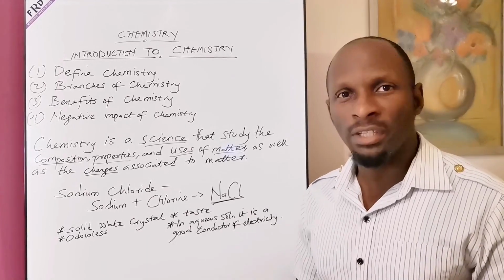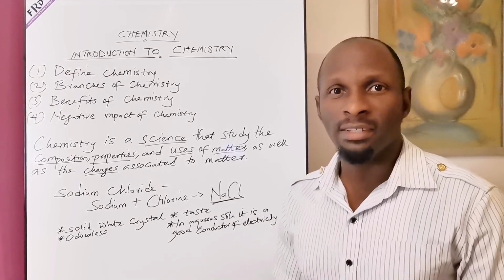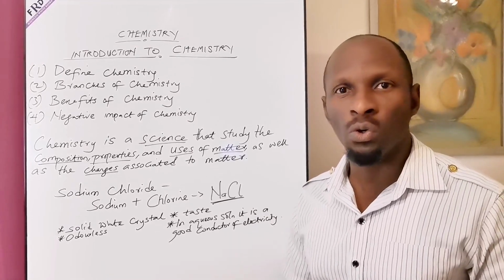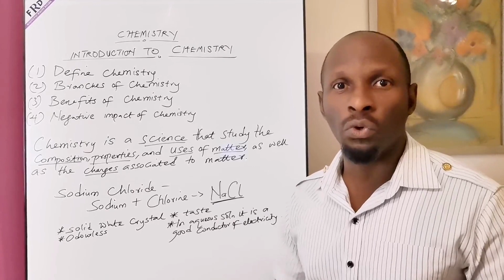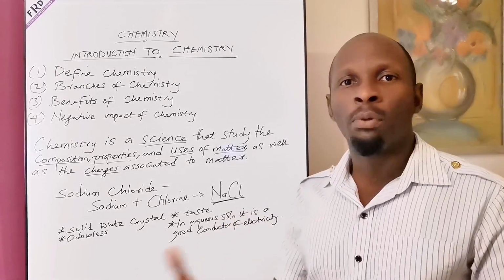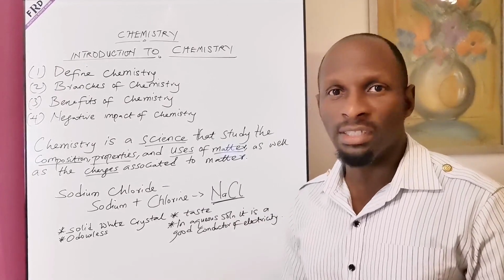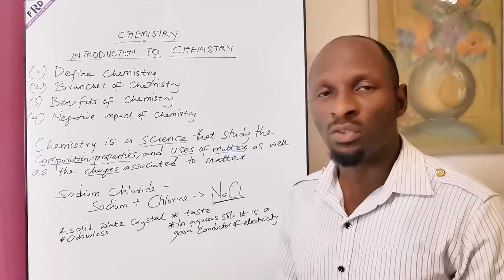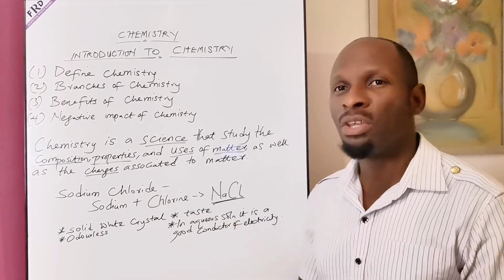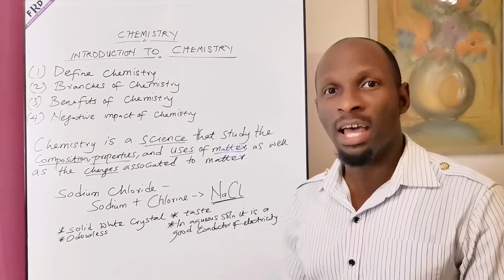Then during the winter, like so many countries are in the winter season at the moment, when we tend to have snows and ice on the road, basically sodium chloride is poured on the road to serve as an anti-freezing agent. It tends to reduce the rate at which water turns to what? Ice. So there are so many other uses or applications of sodium chloride, but these are just a few.